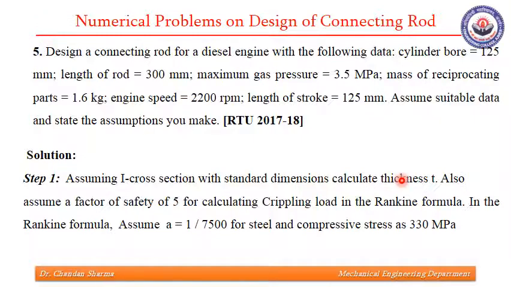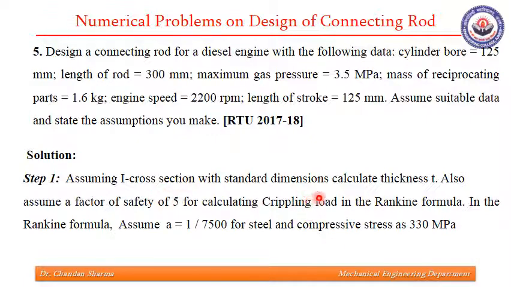Like we have done in the numerical first, we use the Rankine formula in which crippling load is to be put. So crippling load will be found by multiplying the maximum force on the connecting rod with the FOS, which is not given, so we'll assume the value as 5.